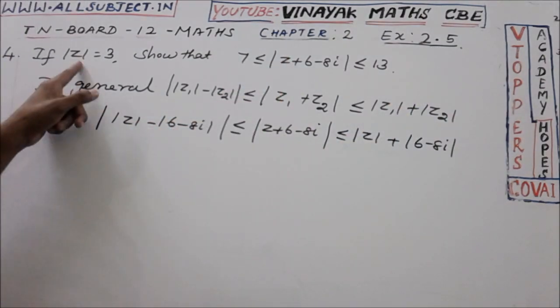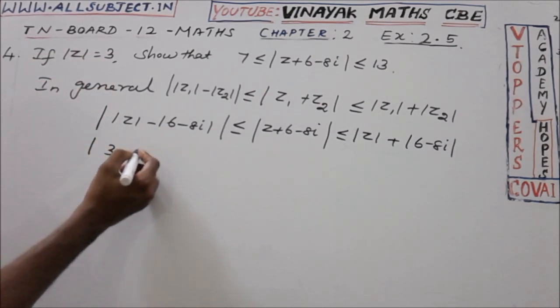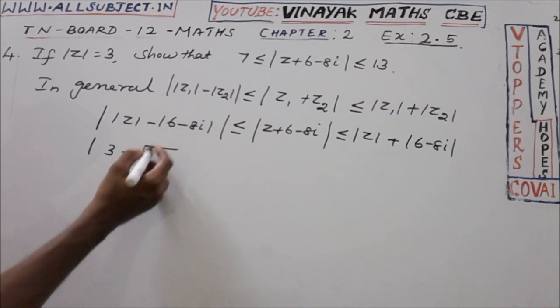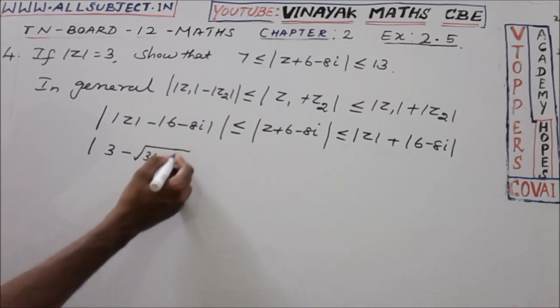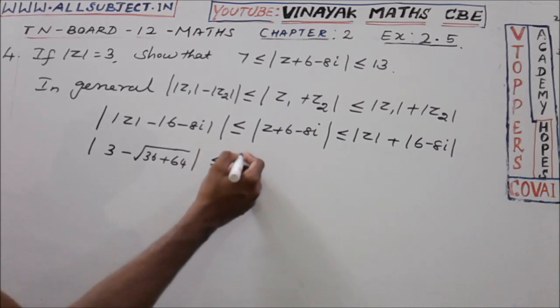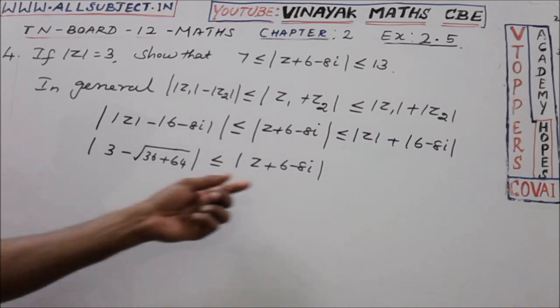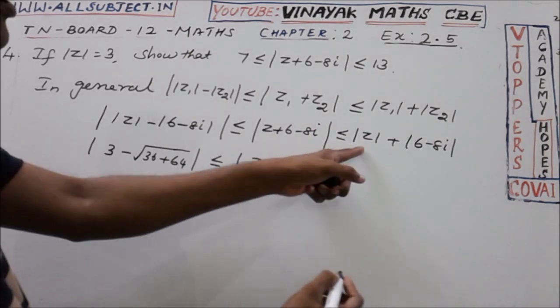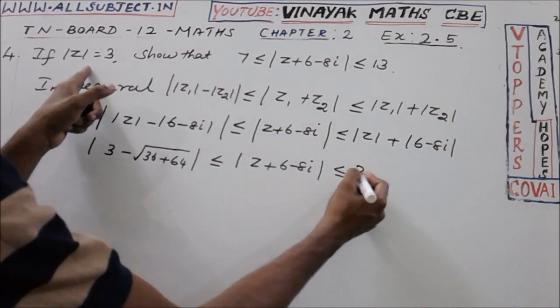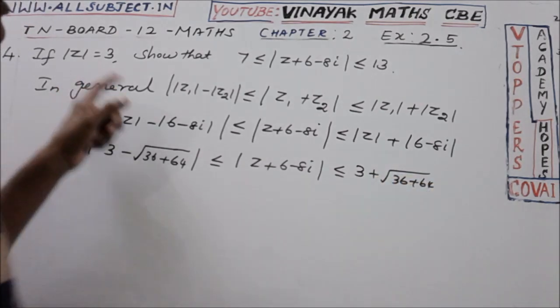Here modulus z is given as 3. So modulus of 3 minus root of 36 plus 64, less than or equal to modulus of z plus 6 minus 8i, less than or equal to 3 plus root of 36 plus 64.